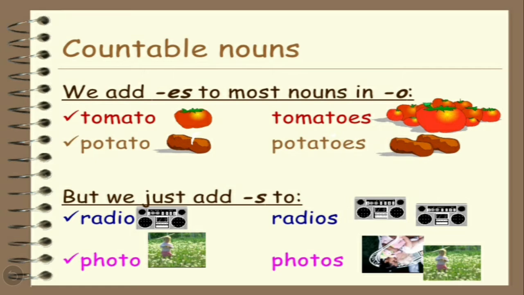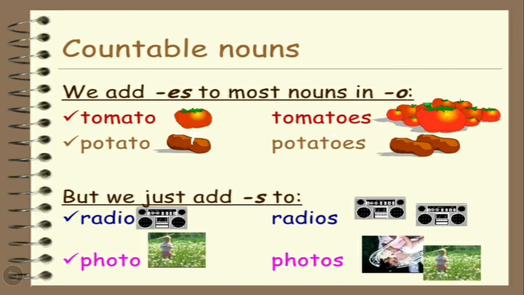Countable nouns, children. Now, how these countable nouns are formed from singular to plural. We add es to most nouns in O. When the last alphabet is O to the nouns, generally we add es at the end to convert or to change it into a plural countable noun.